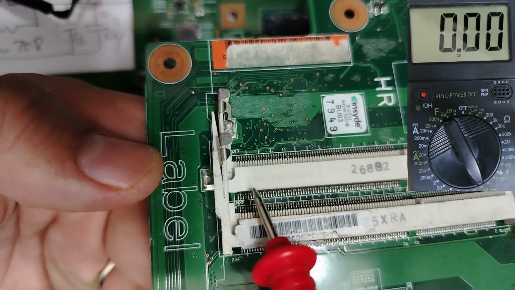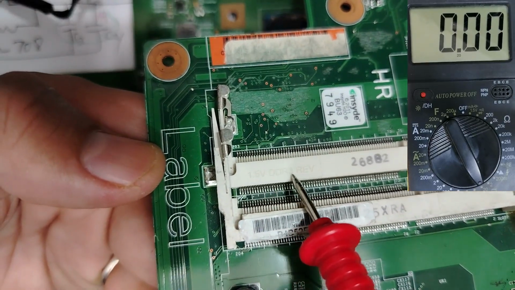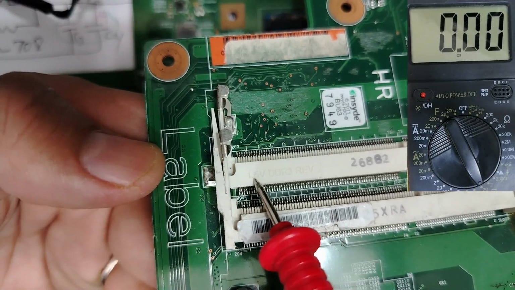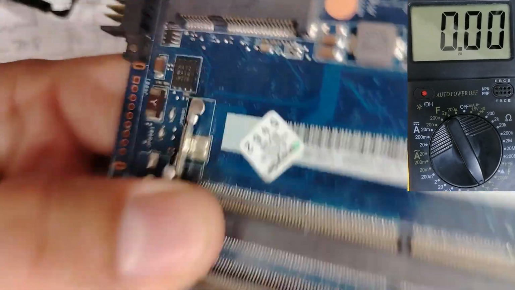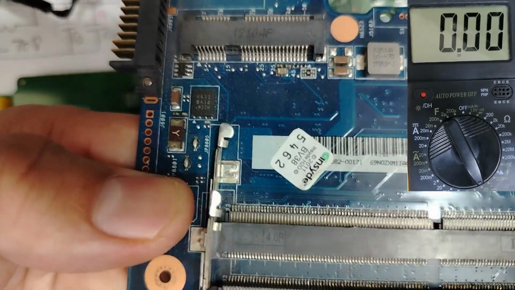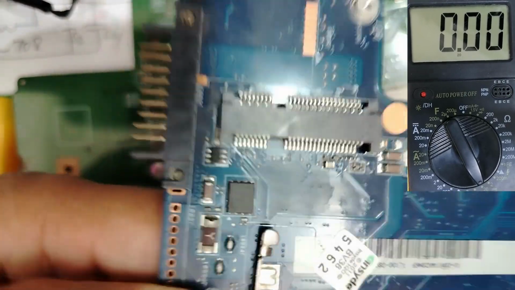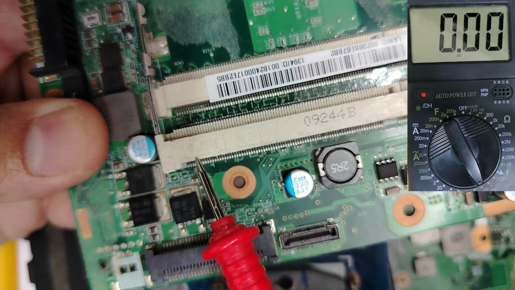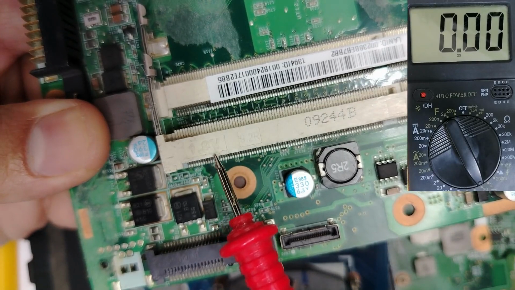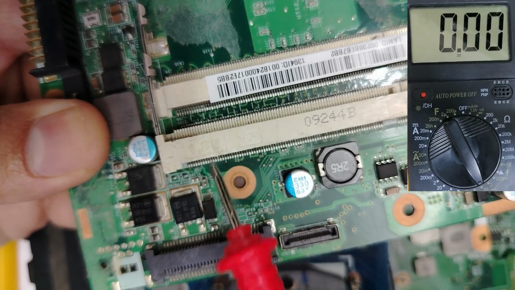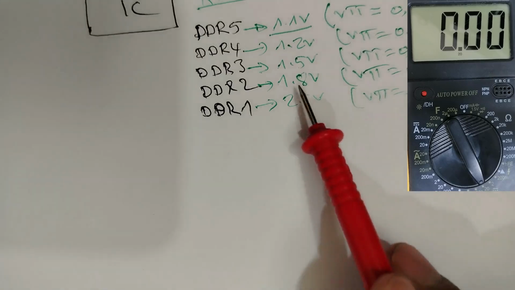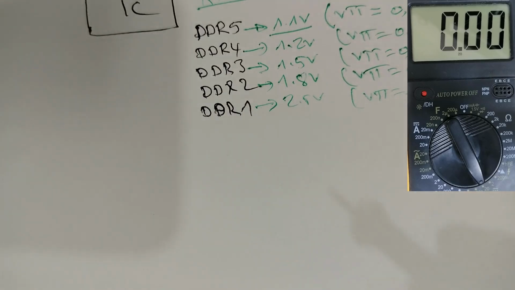So in this motherboard, as you can see, we have DDR3 1.5 volt. Or sometimes you can just find like this 1.5 volt, means this is DDR3. This motherboard, for example, we have 1.8 volt, means this is DDR2. Let's check. So 1.8 volt DDR2 and so on.